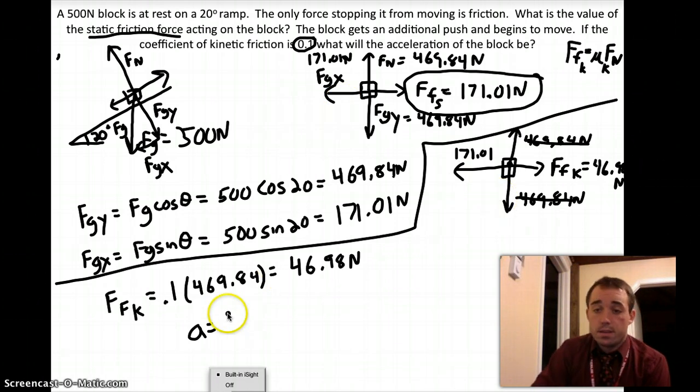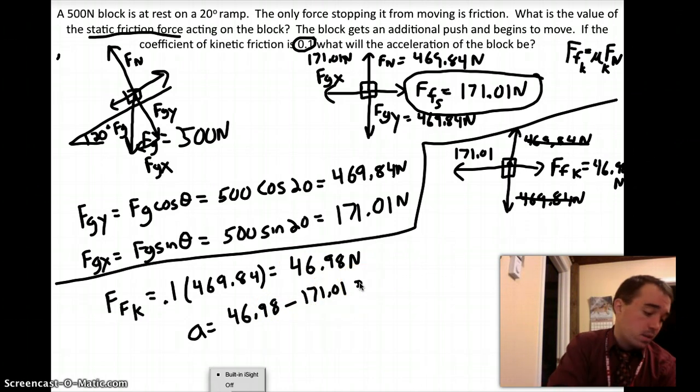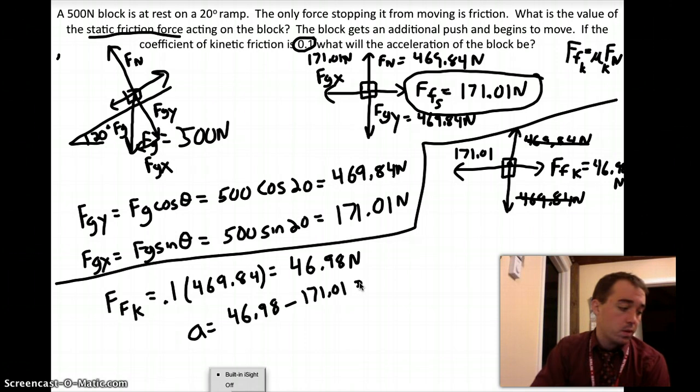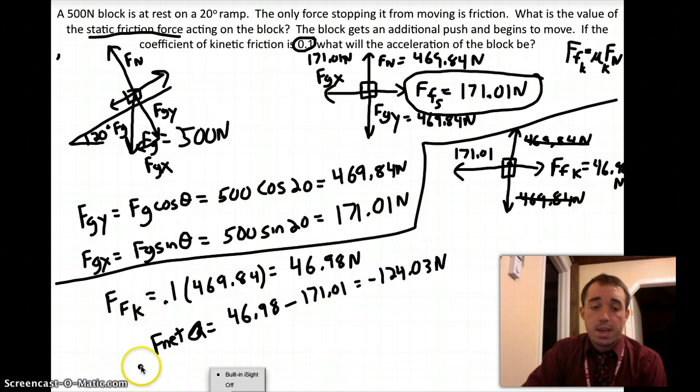And we do right, which is 46.98, our kinetic friction force, minus left force, 171.01, which gives us negative 124.03 newtons. Sorry, that's not A, that's our F net. To find our A, it's F net over M.